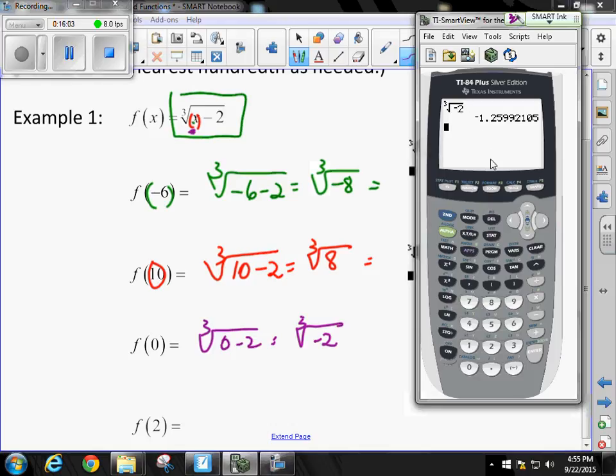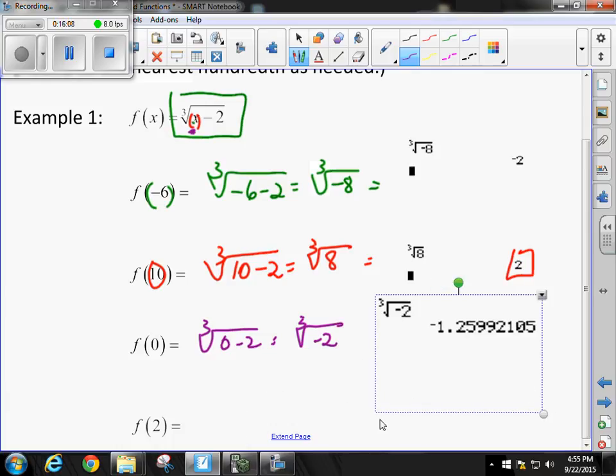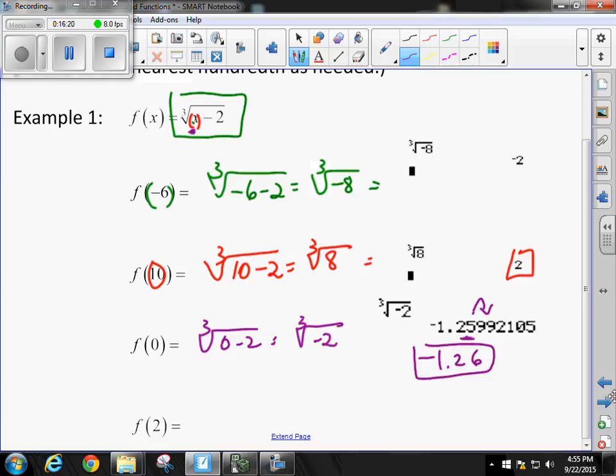That turns out to be this, and I need to round that off to the nearest hundredth. That means I'm going to keep 2 decimal places. So I look 1 out, and it's bigger than 5, so this would be negative 1.26. I have to add 1 to that hundredths place since this 9 was bigger than a 5.